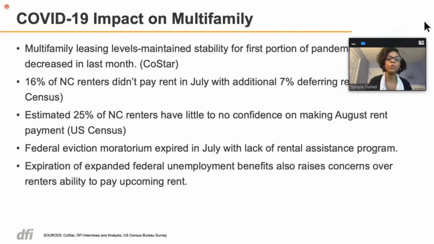We're not sure what the federal eviction moratorium and the lack of the rental assistance program, as well as the expiration of the expanded federal unemployment benefits, will have on the multifamily market. And so again, these are things that developers, of course, will be watching, but things that we will be watching and keeping in mind.